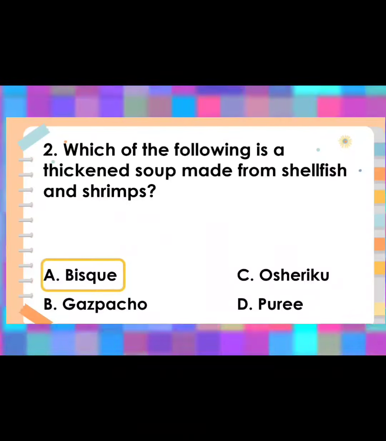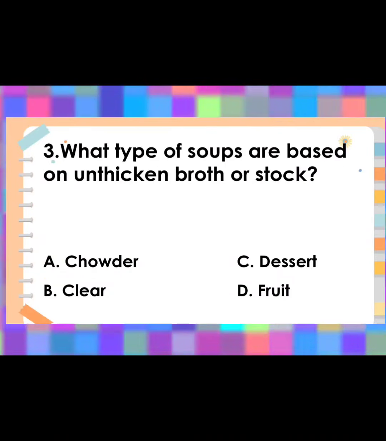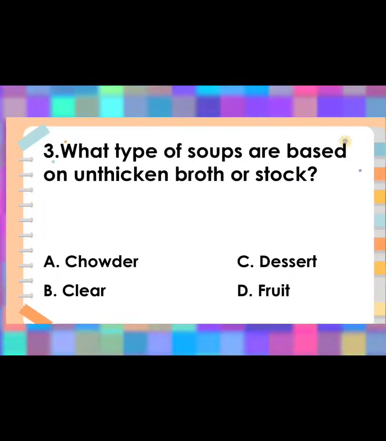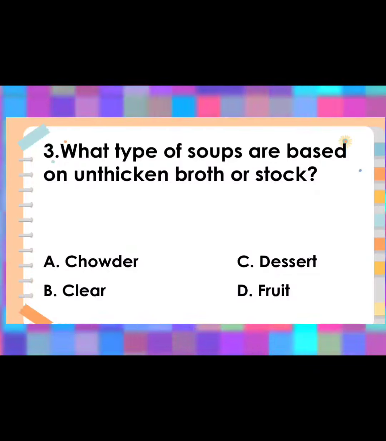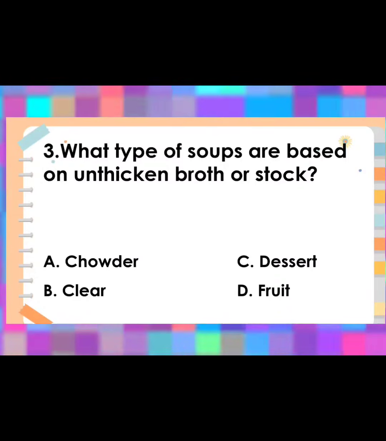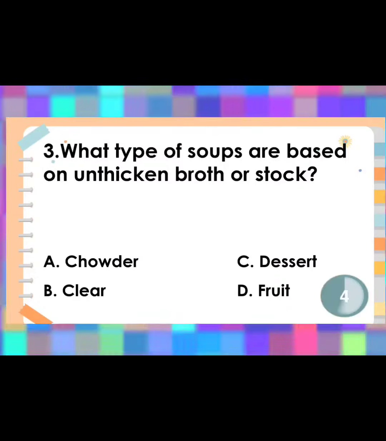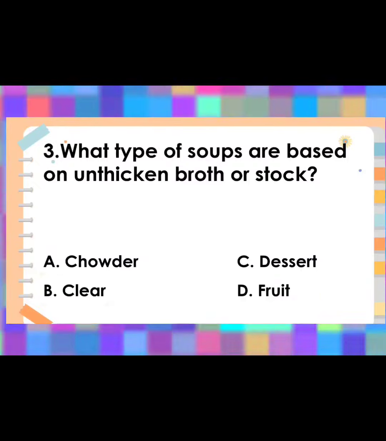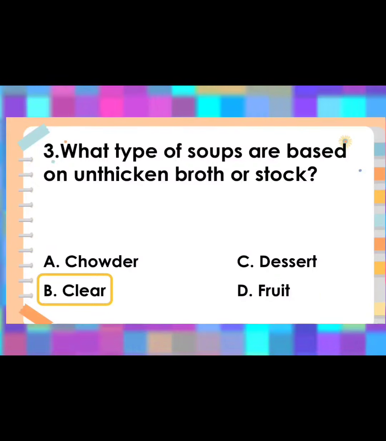It's letter A. Bisque. Number 3. What type of soups are based on unthickened broth or stock? A. Chowder, B. Clear, C. Dessert, D. Fruit. The correct answer is letter B. Clear.